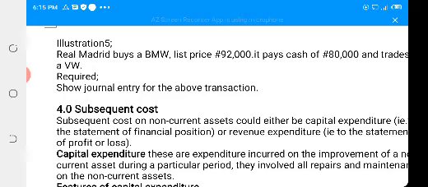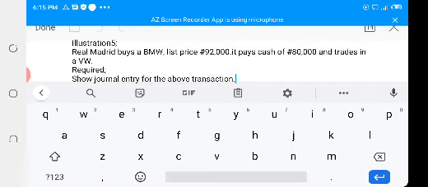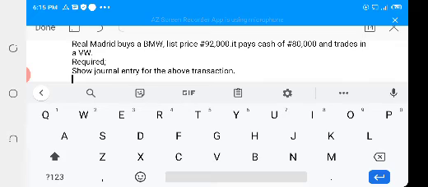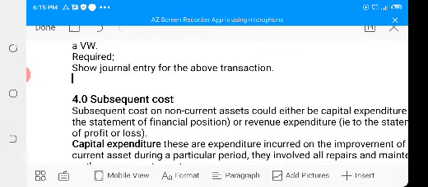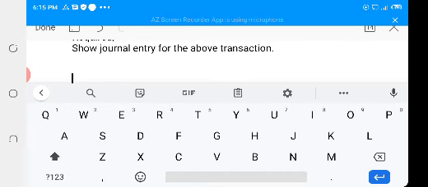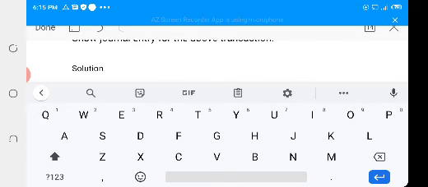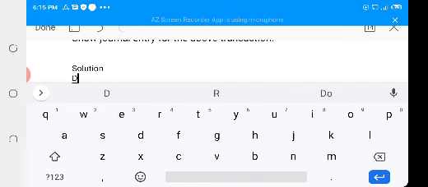So let's solve the question together. Solution.